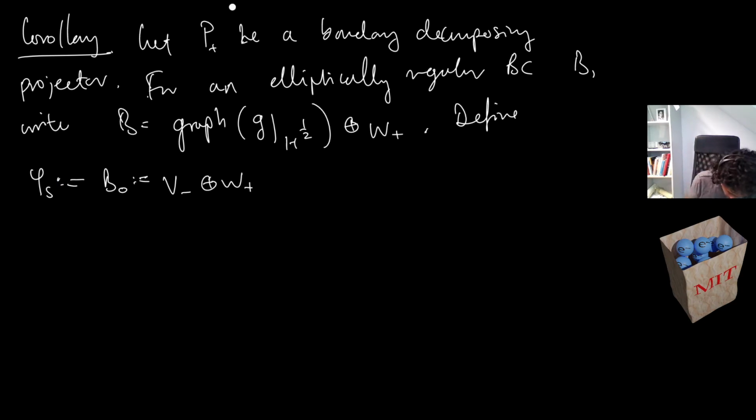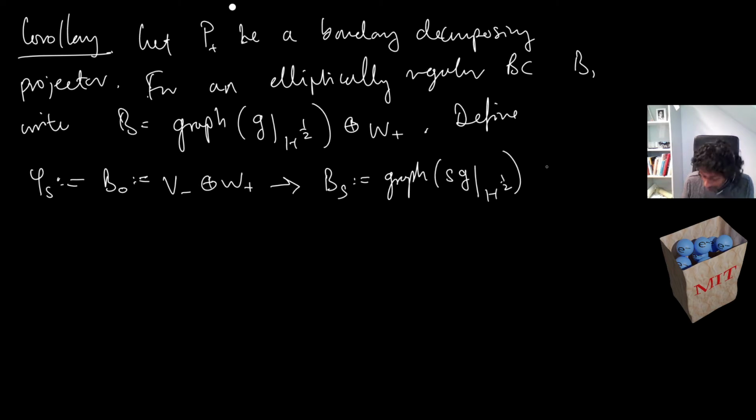So now I want to map it to some boundary condition BS, which is equal to the graph of SG, H half restricted plus W plus. And what is this map? So I'm going to define this map as V plus W plus equal to V plus SGV plus.